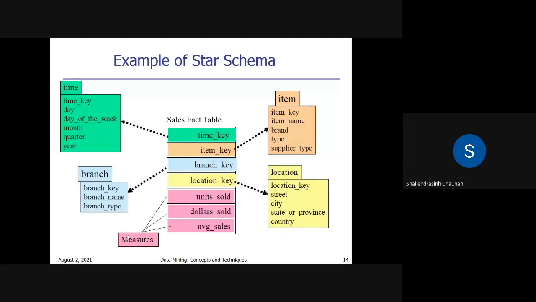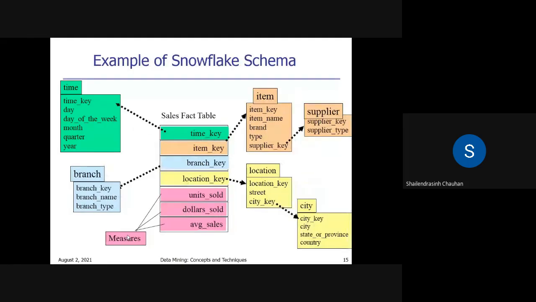With star or snowflake schema, you can have multiple dimension tables, but only a single fact table, and that fact table represents the subject or department. That is the reason you can use either star schema or snowflake schema if you want to design a data mart.